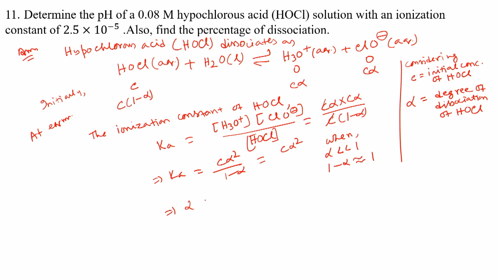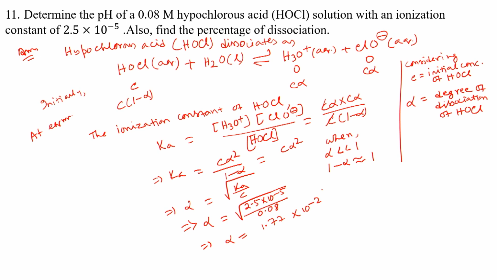So we get alpha is square root of Ka by C. Now we know the value of Ka and the value of C. Ka is 2.5 times 10 to the minus 5, and the value of C is 0.08. If we calculate this, we get alpha is 1.77 times 10 to the minus 2.